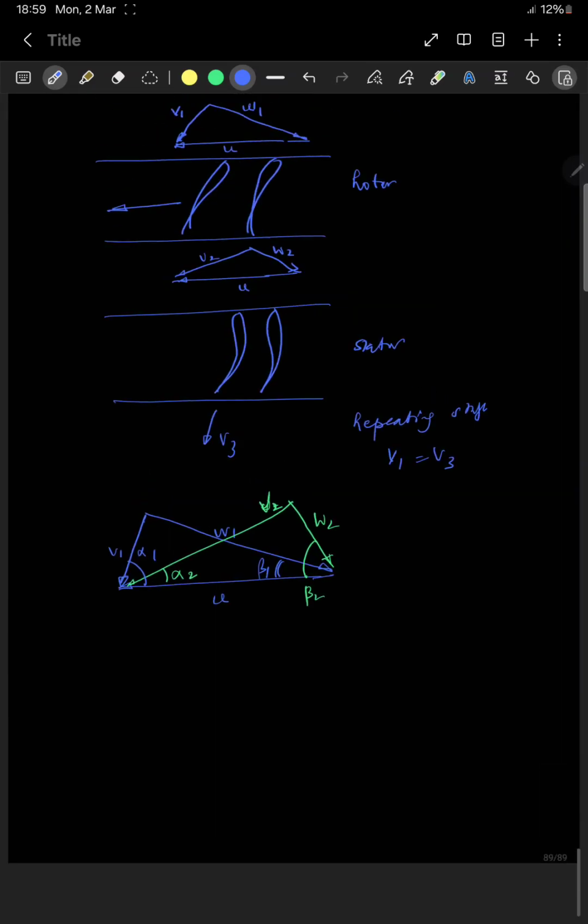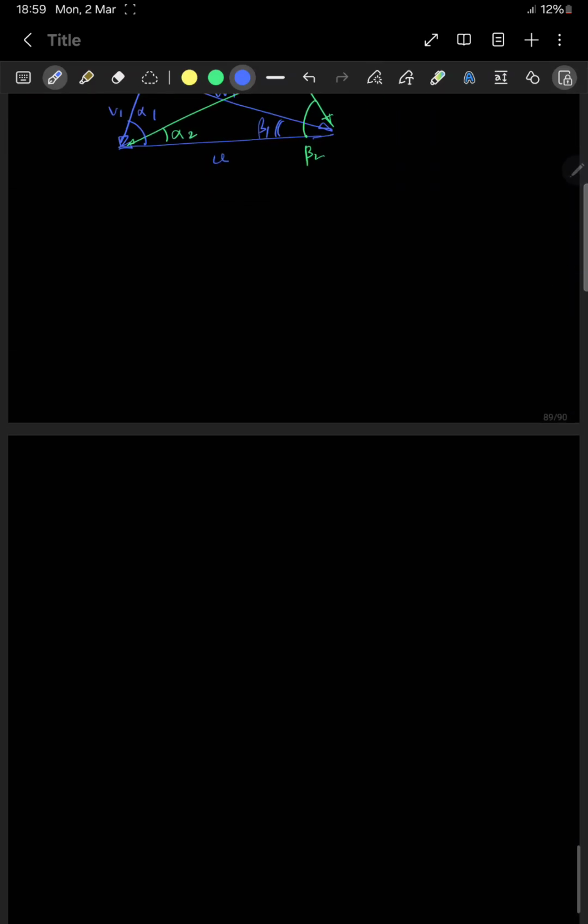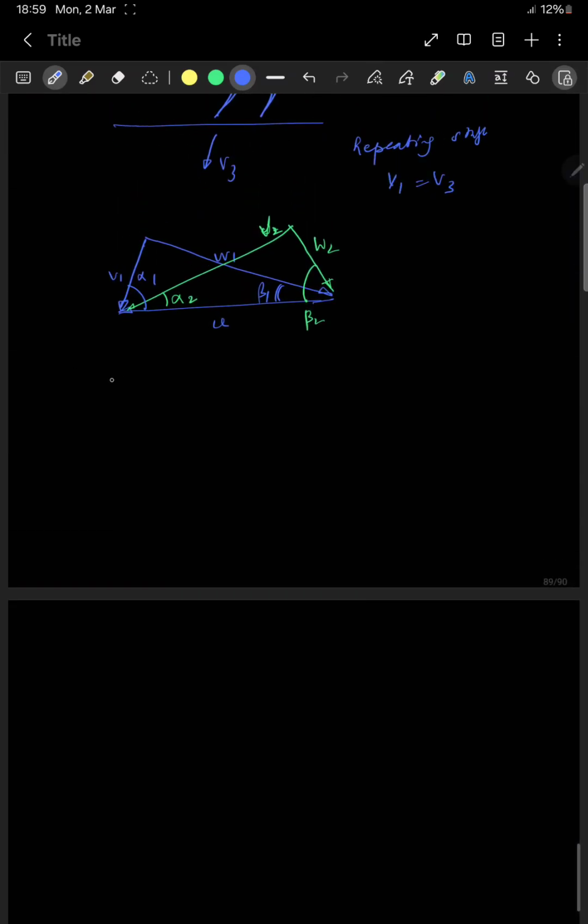So if we try to find out the degree of reaction, we have h2 minus h1, this is R, divided by h3 minus h1.